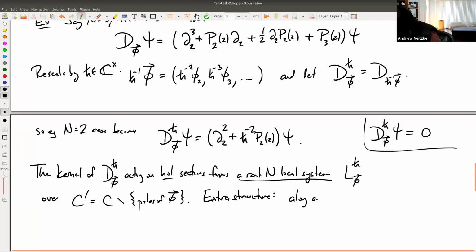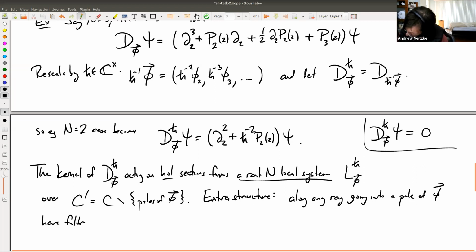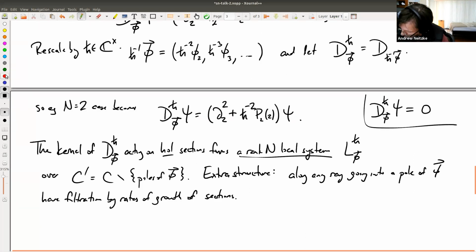If you look at any ray going into one of the singularities, one of the poles of phi, we get a filtration by the rates of growth of the sections, in other words, the solutions of this equation.